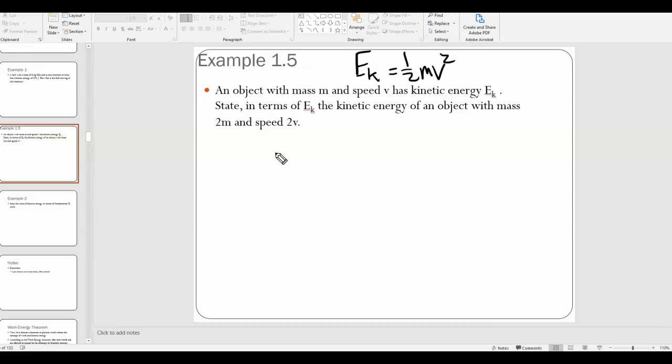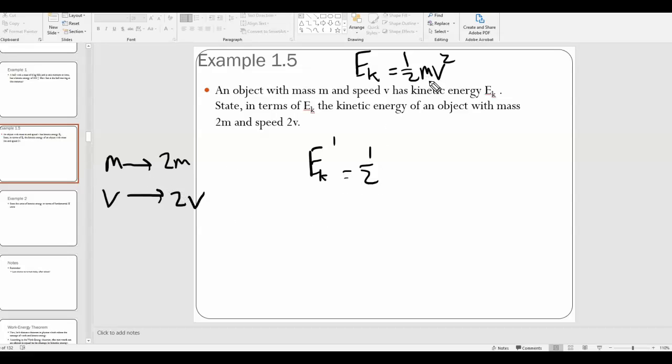Originally we have Ek equals 1/2 mv squared, and we're basically asked how the kinetic energy changes if the mass doubles and the speed also doubles. We could imagine the kinetic energy is going to get bigger, but by how much? We basically want to find Ek prime and make the substitutions they tell us to make.